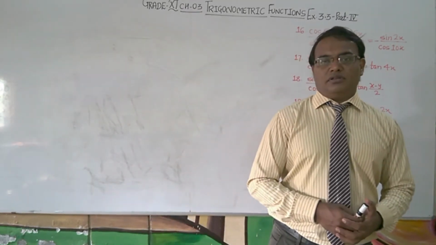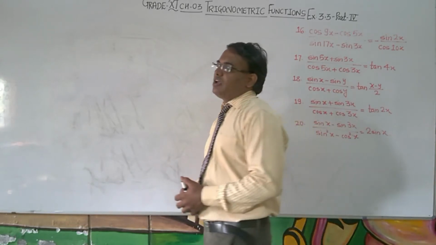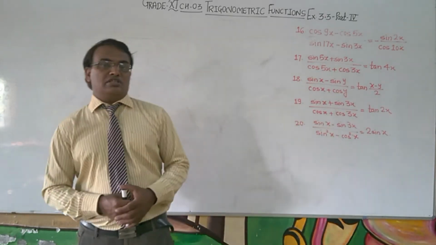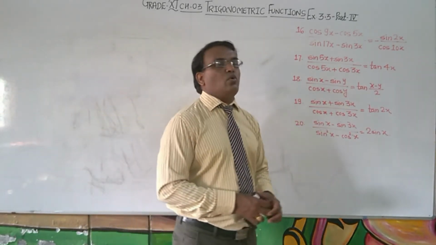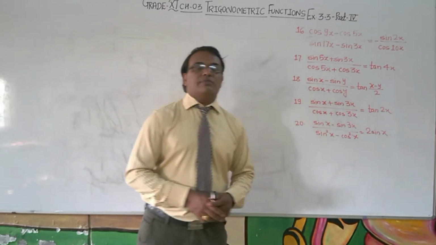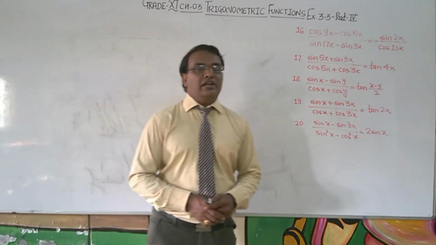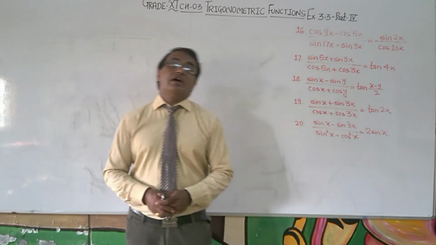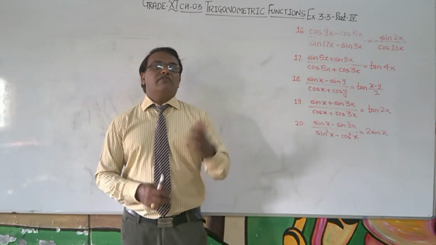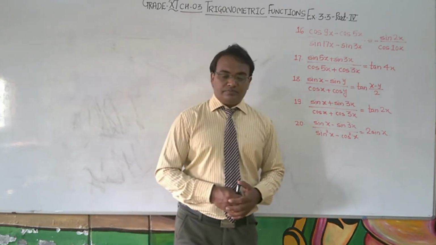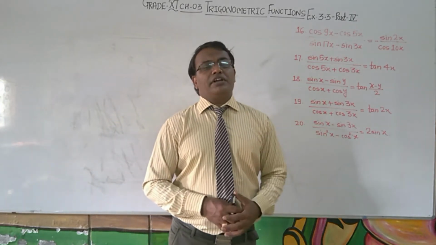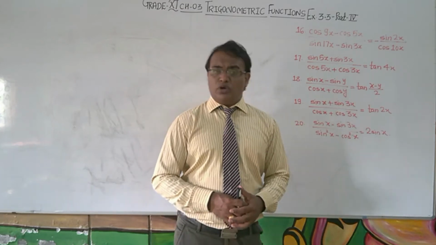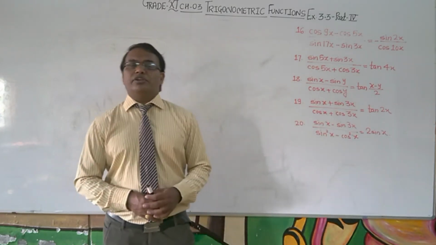Okay, so let me connect you with the things that happened before the vacation and what is going to happen after. Before the vacation we started chapter number 3 successfully. We have completed chapter number 1, set theory, and chapter number 2, relations and functions, and right now we are working on chapter number 3, trigonometric functions. We have gone through the introduction, then completed exercise 3.1 and exercise 3.2.